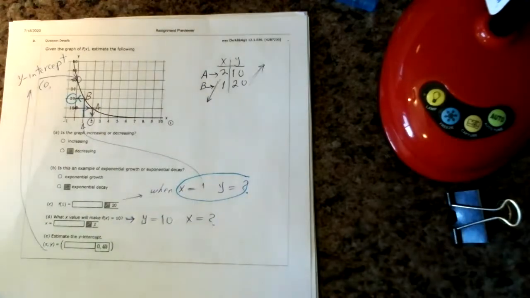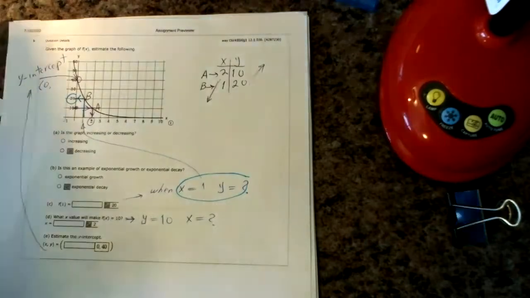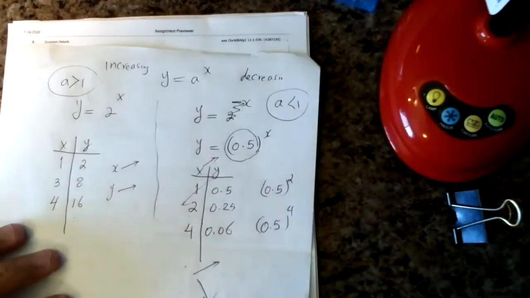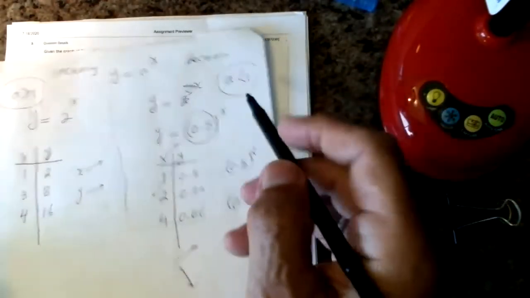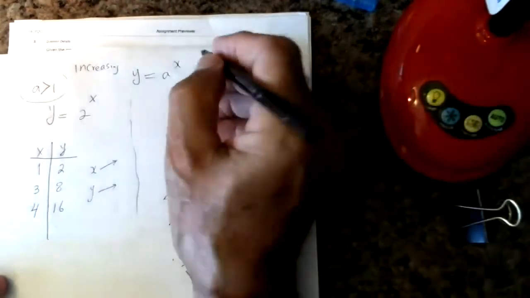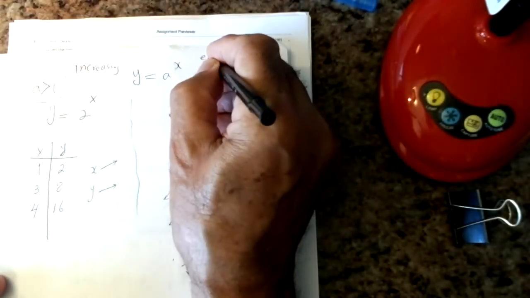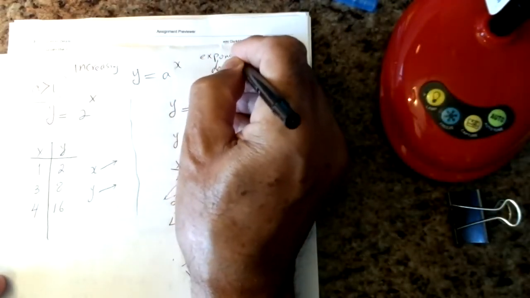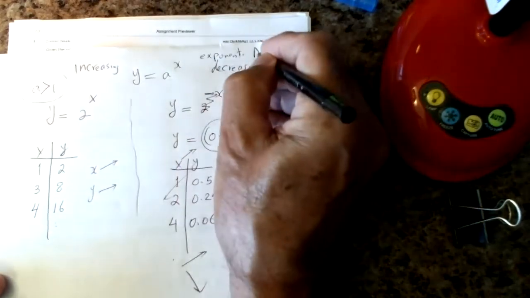So let's go back to that one here. If you have a situation like this, where one goes up and the other one goes down, that's a decreasing function, and they call it exponential decay.